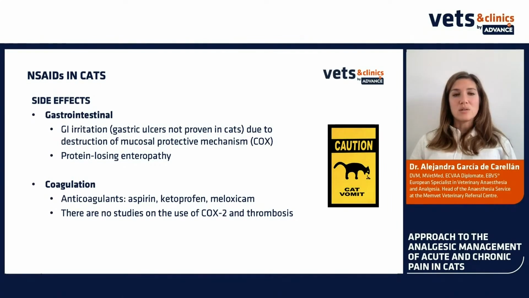Regarding coagulation problems, some of them have anticoagulant properties, for example aspirin. If your cat has a coagulation problem, again take care with the doses, or whether you are actually going to give an NSAID to this cat. However, if the coagulation is normal, then you are safe to use them.